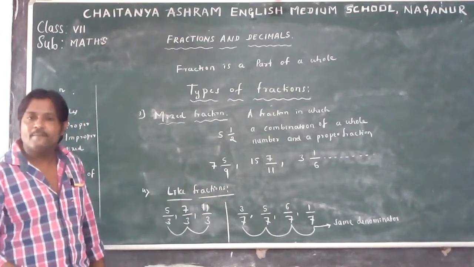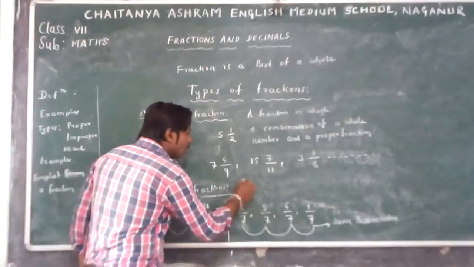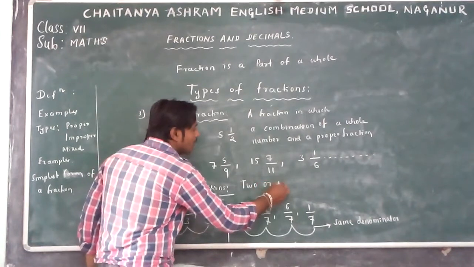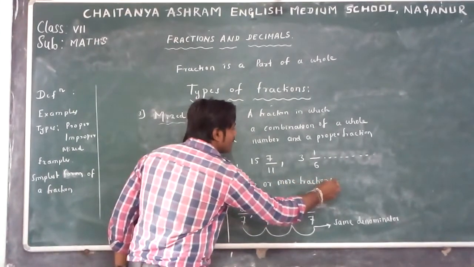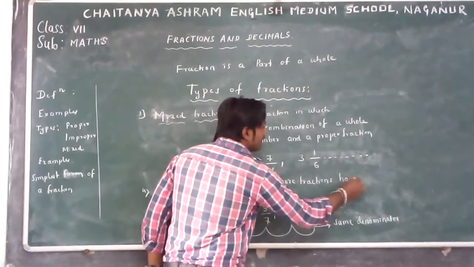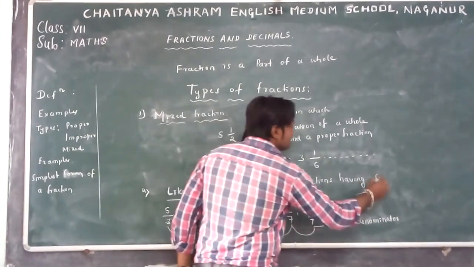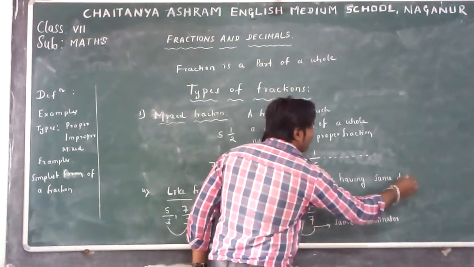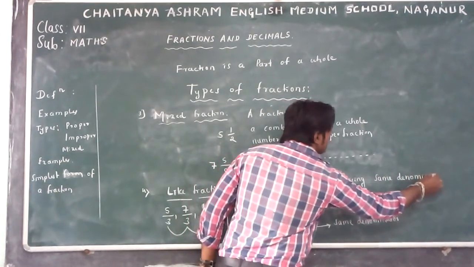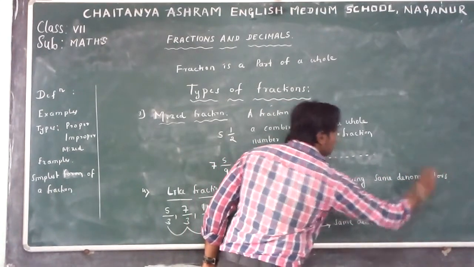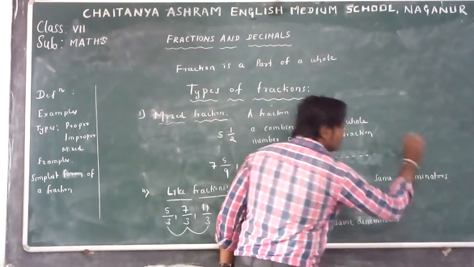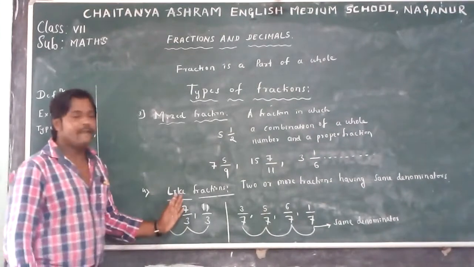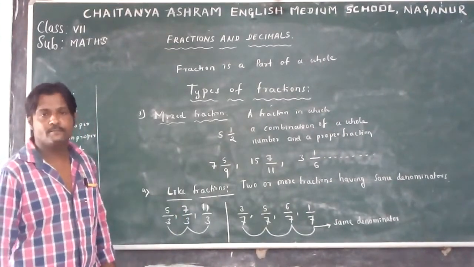So how we define like fractions? Two or more fractions having same denominators are called like fractions.